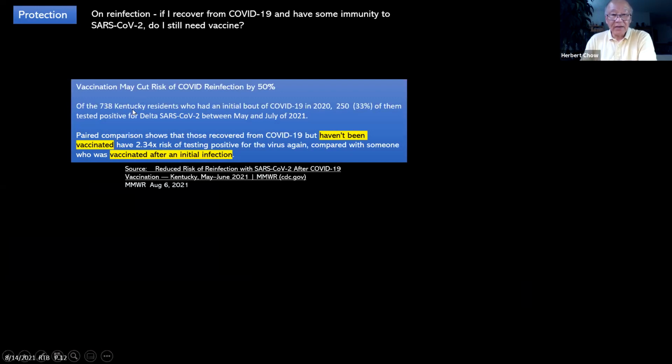In Kentucky, between May and July, there were 738 residents who had recovered from the initial bout of COVID, and 250 of them later tested positive for Delta. So about, not quite a year later, they get exposure again, and 33% of them are now positive again.